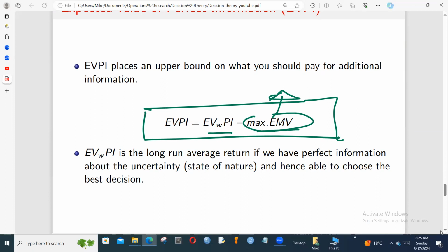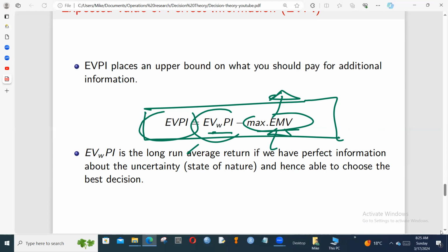It is always expected that with perfect information you will fetch higher returns than just based on the expected monetary value. That difference is what gives you the expected value of perfect information.